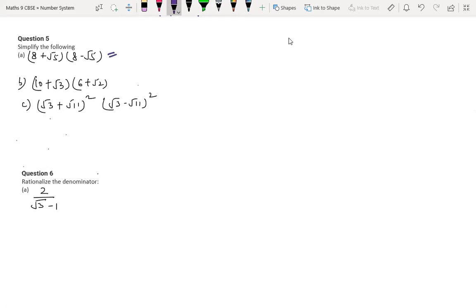So 8 square minus root 5 square. 8 square is 64, and root 5 square, minus root 5 square, so 59.